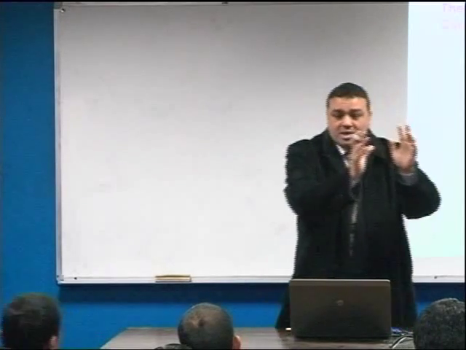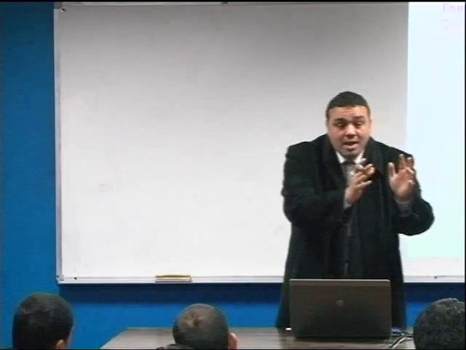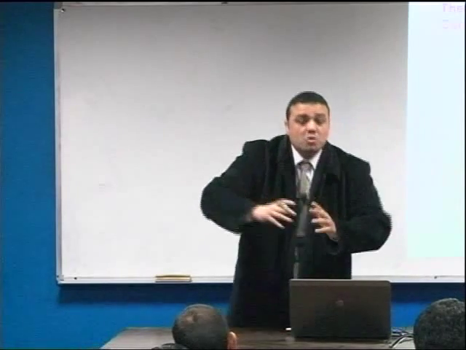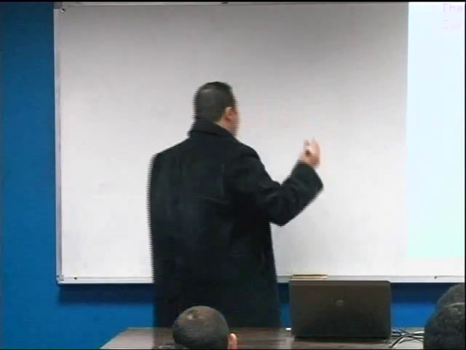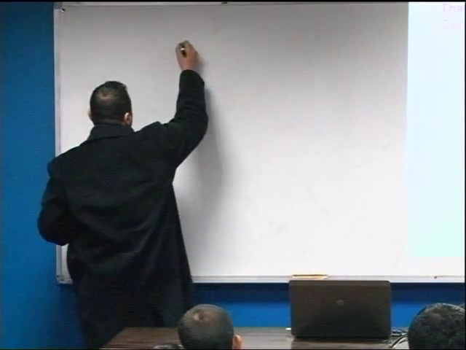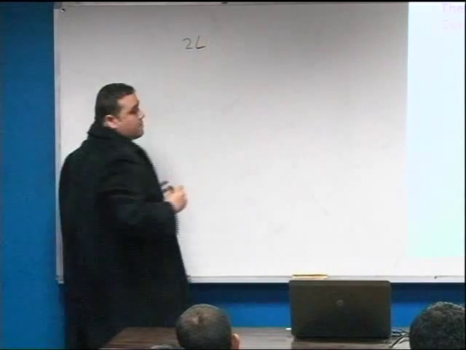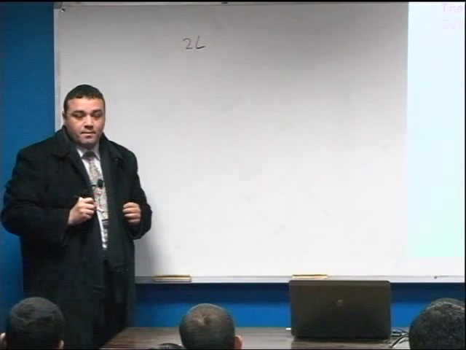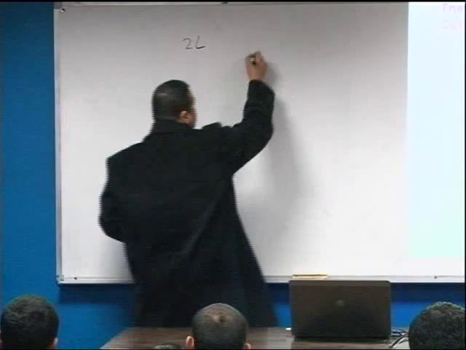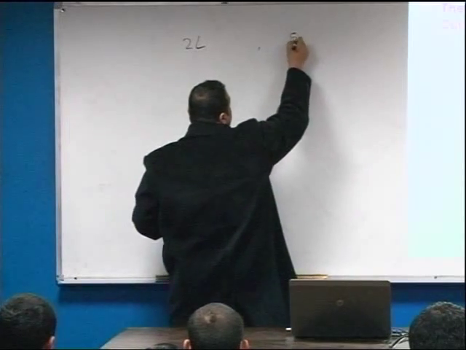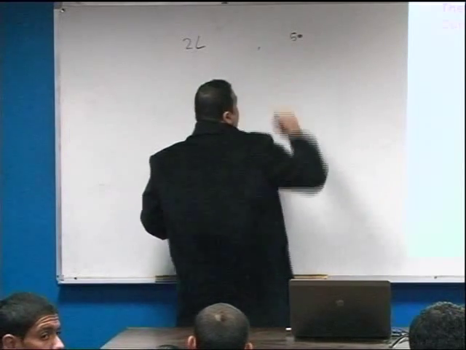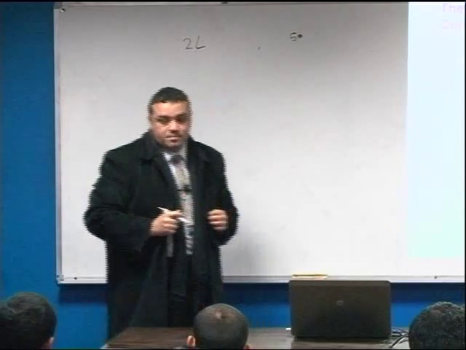variable cost? The total variable cost in this case equals the number of workers that you hire times the wage that you pay for this number of workers. So suppose that you have 2 workers, 2L, and you pay 50 shekels a day per worker.